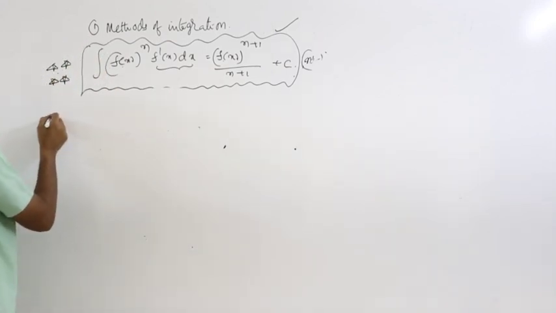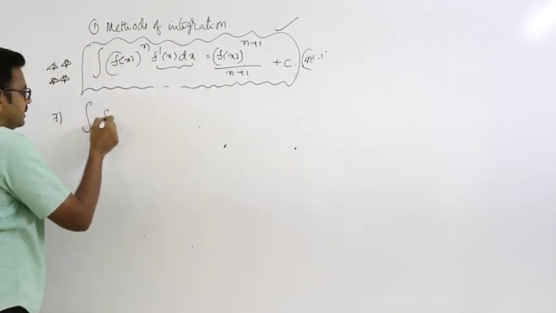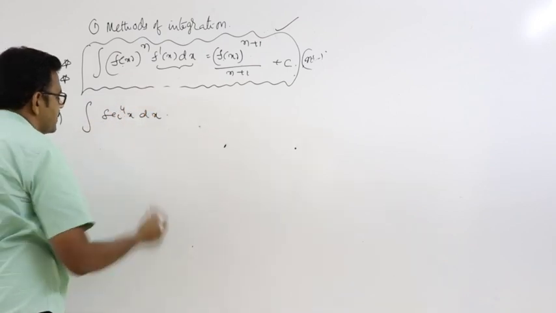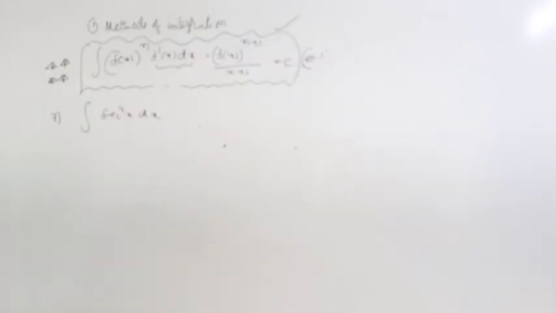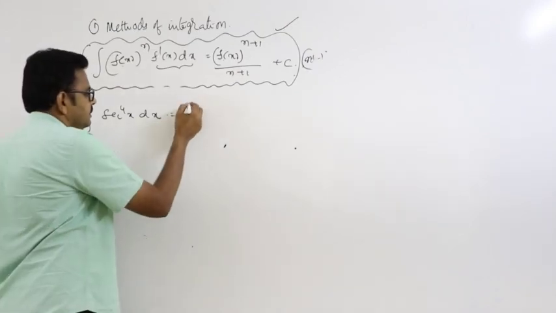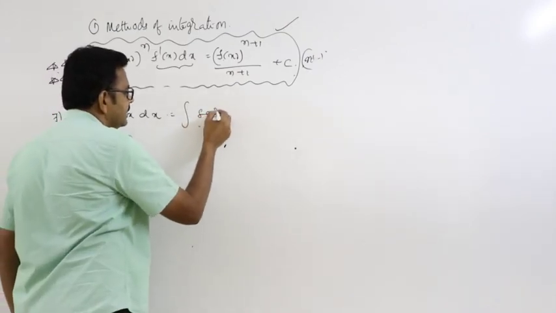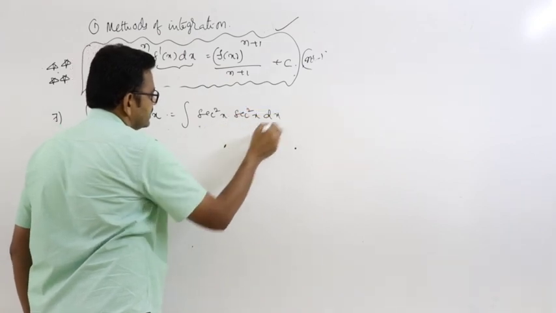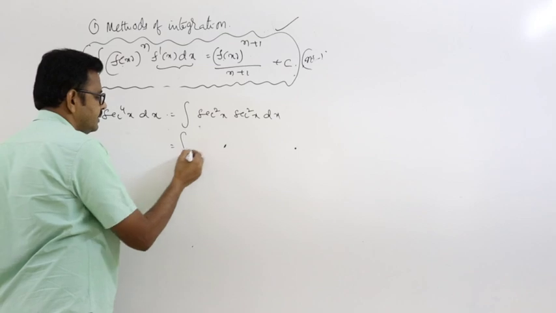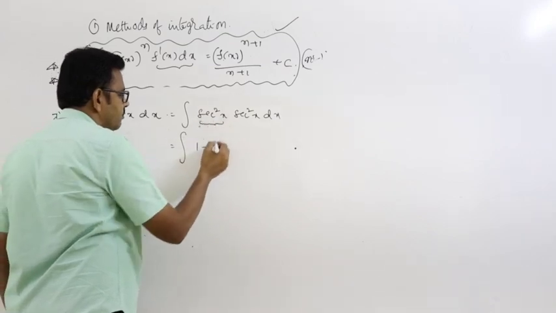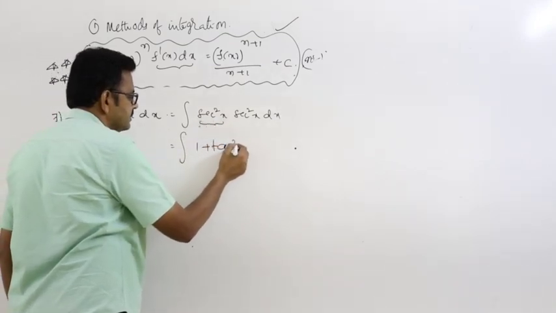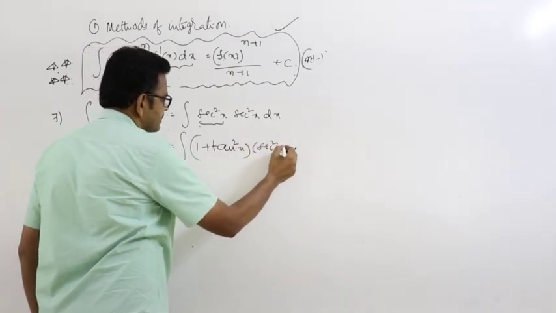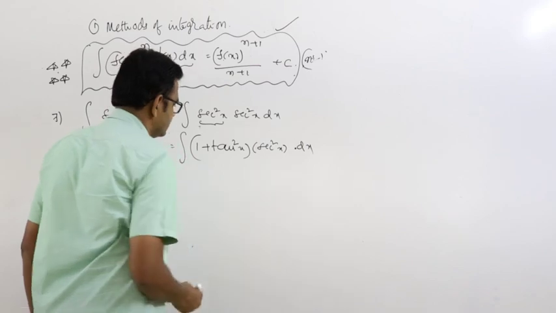Next question. Integral secant power 4x dx. Integral secant square x into secant square x dx. Integral, this you write 1 plus tan square x into secant square x dx.